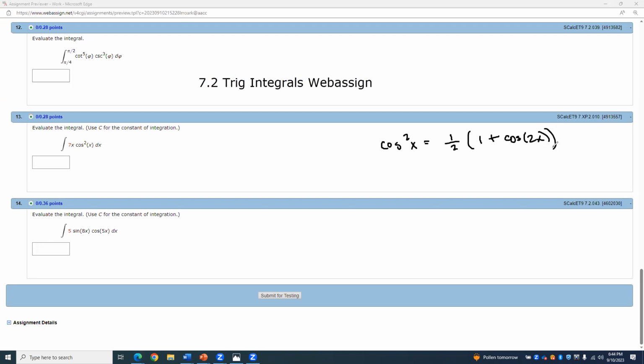I'm sorry, technically it'd be a double angle identity, because of the 2x in there. But either way, hopefully it makes sense that if we had just the integral of cosine squared, we could do this. It might take a little effort and some practice, but we can. However, the problem is we have a 7x there.